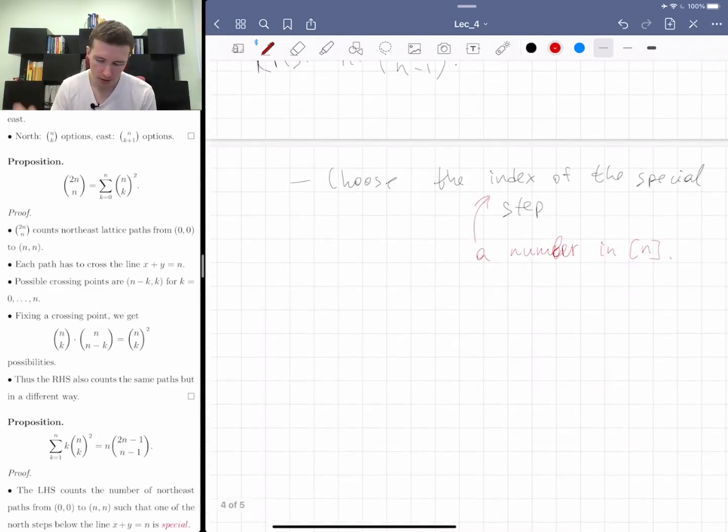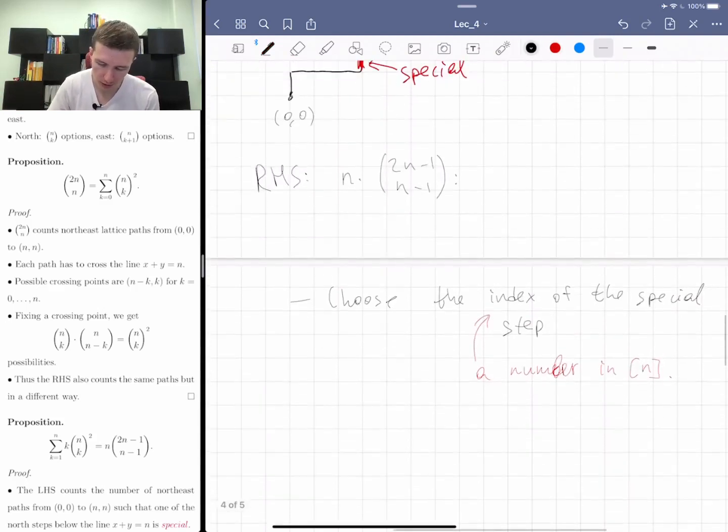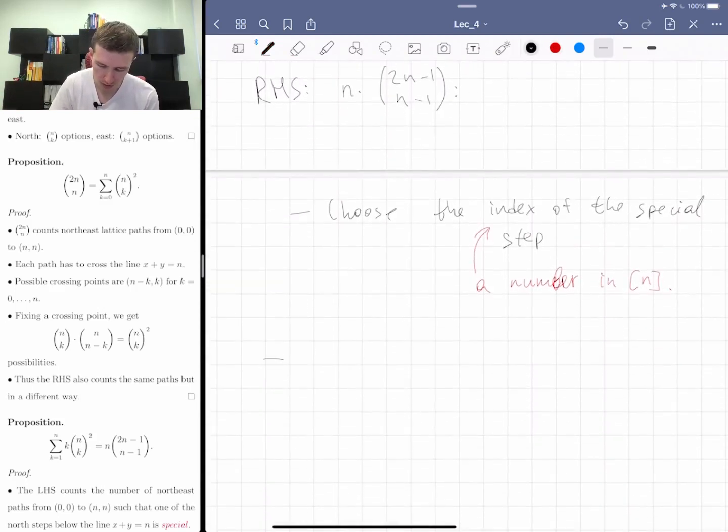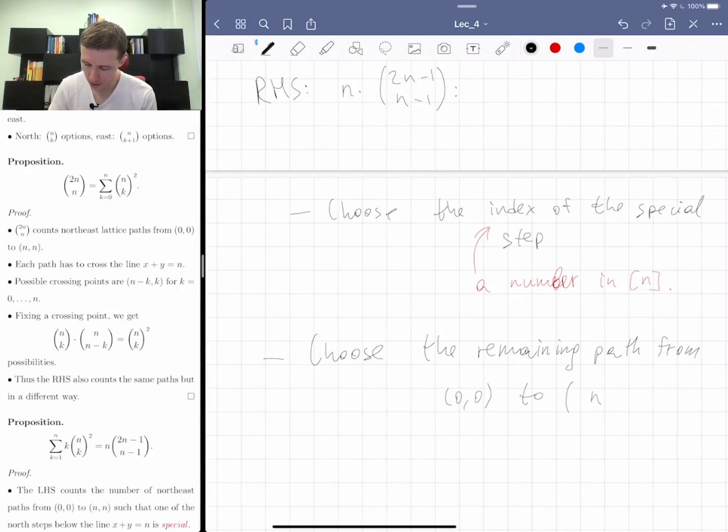And then what you do is you choose the remaining path from 0, 0 to n comma n minus 1.